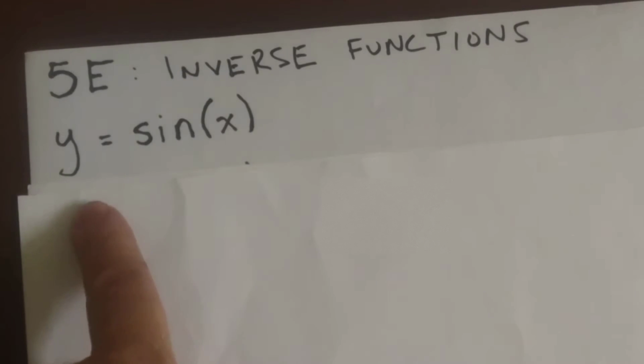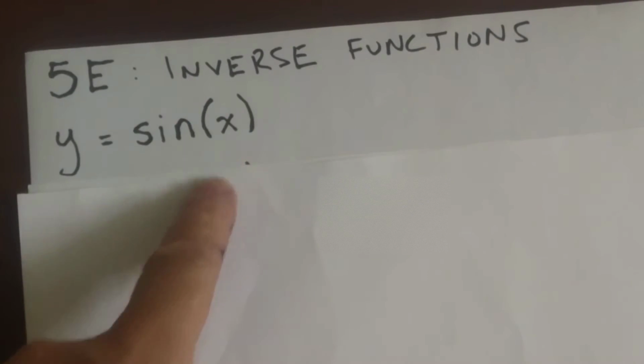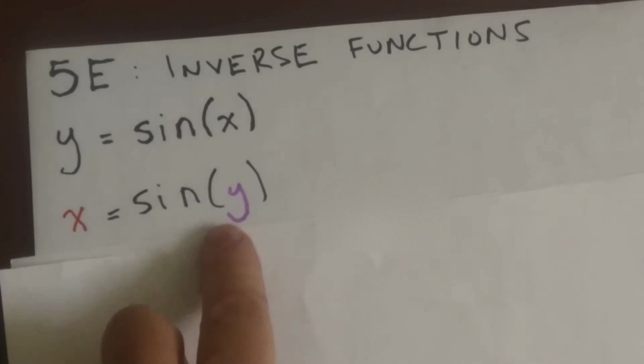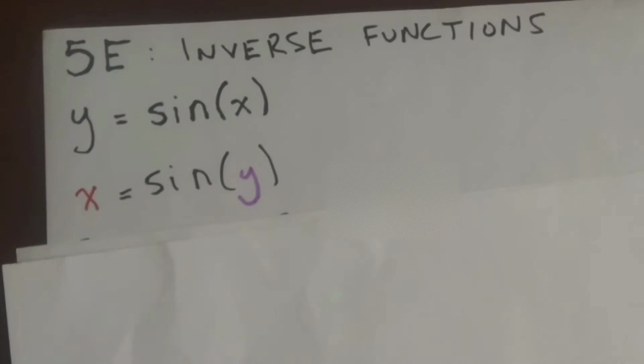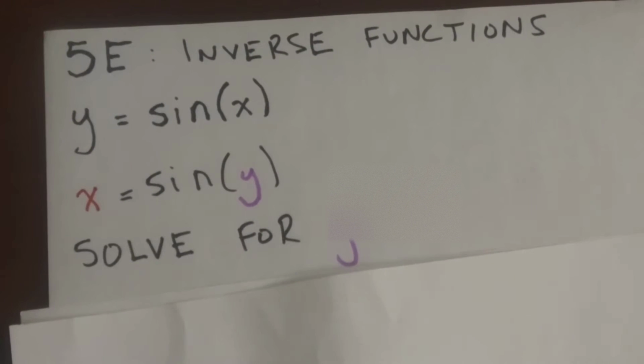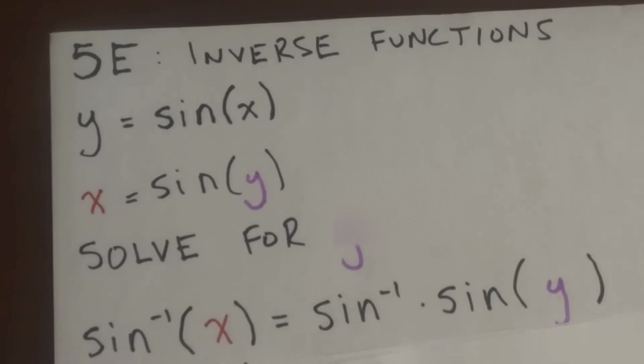So if we have something like this, let's say we're trying to find the inverse of y is equal to sine of x, then we switch the y and the x around, and then we solve for y. To find y, we take the arc sine and multiply that by the sine, and that's going to cancel the signs out.